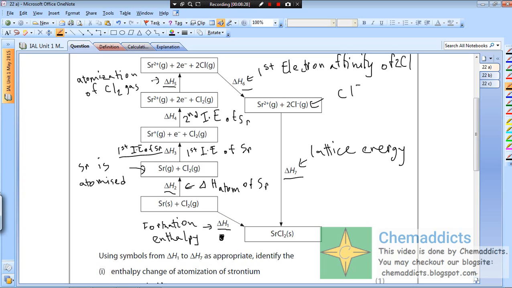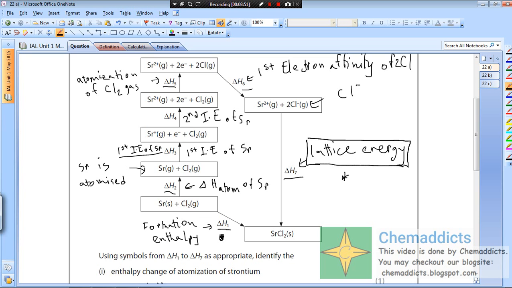Here we can write this differently, separately. Wait a minute.